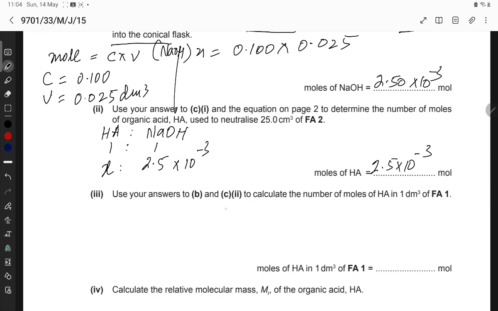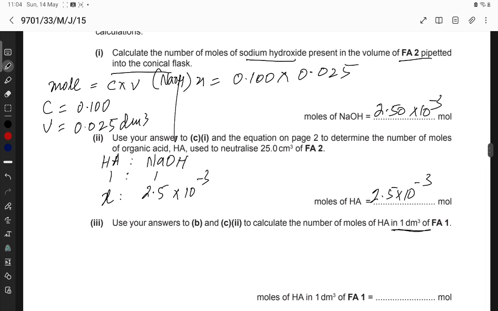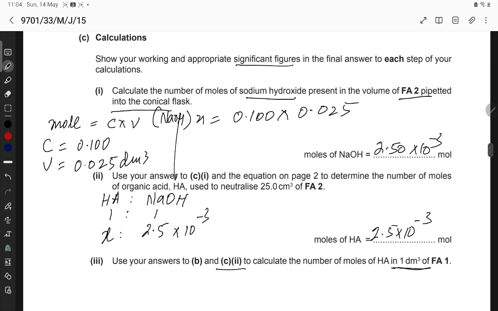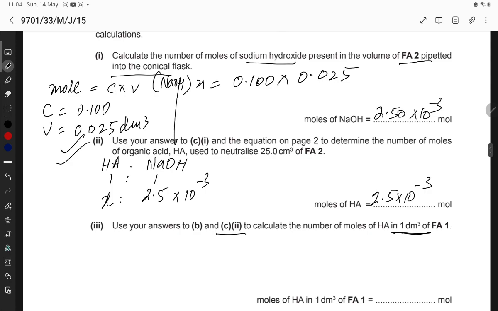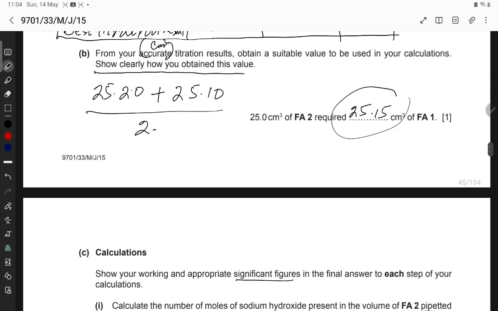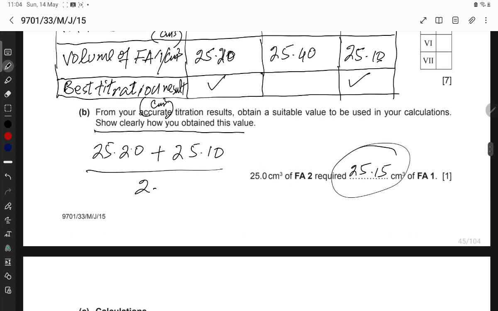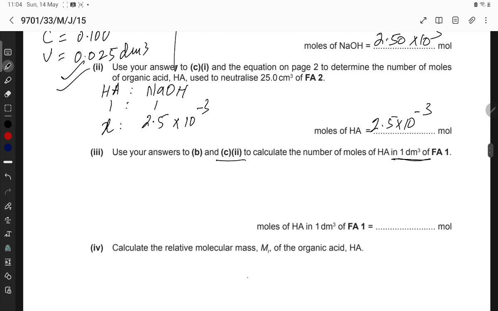Use your answer to B and C to calculate the number of moles of HA in 1 dm³ of Fa1. This is C2, and B is the volume of Fa1. By using these two values, we can calculate the number of moles of HA in 1 dm³ of the Fa1 solution.